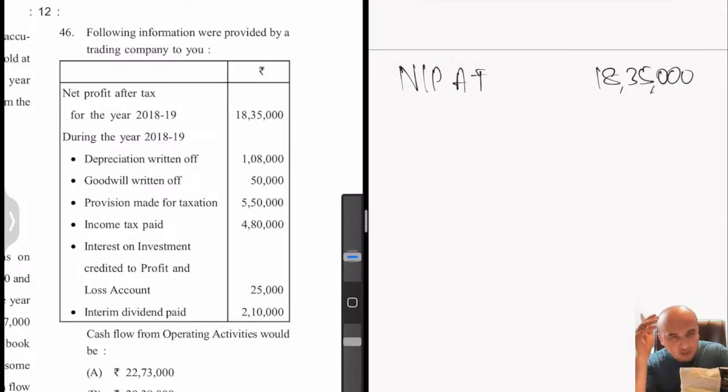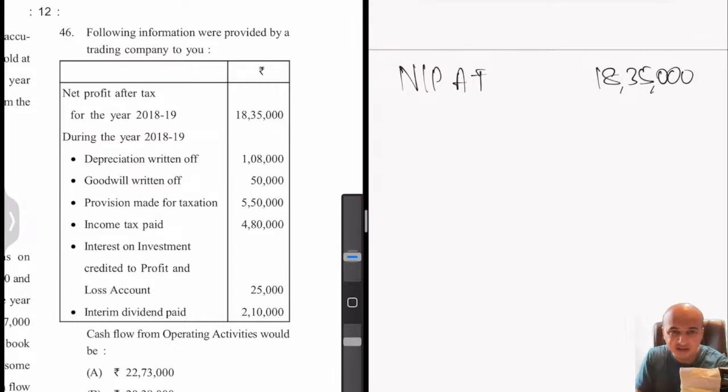Now I will add all those expenses which are non-cash in nature, because we are supposed to find out the cash flow from operating activities. Let's ignore all those items which are non-cash in nature and also something which is not related to operating activities. They have very specifically asked cash flow from operating activities. So what all can I add back to this?